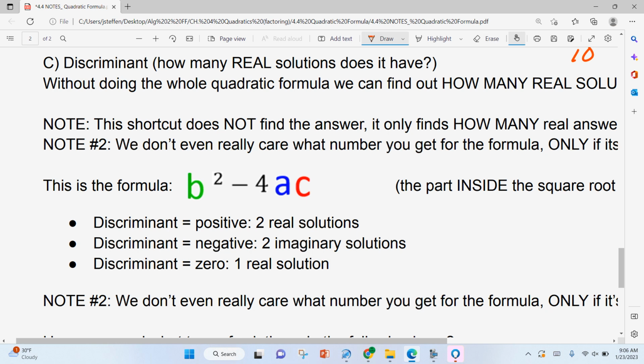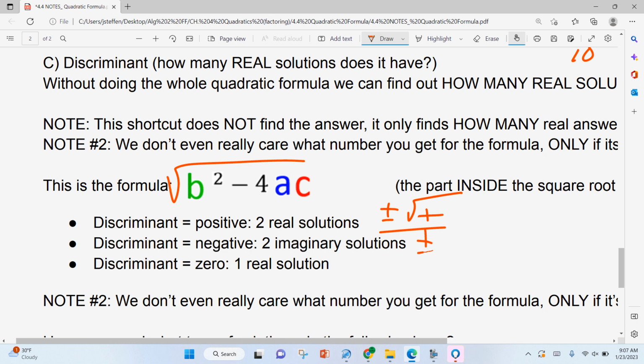So if the discriminant is positive, it's 2 real solutions. It doesn't matter if they're decimals or fractions or whatever. If it's negative, it's 2 imaginary. If it's 0, it's 1 real. Now, again, if you think about it, it makes sense, because this is the square root of your quadratic formula. So if while you're doing the quadratic formula you end up with the square root of a positive number, well, yeah, that's going to give you 2.